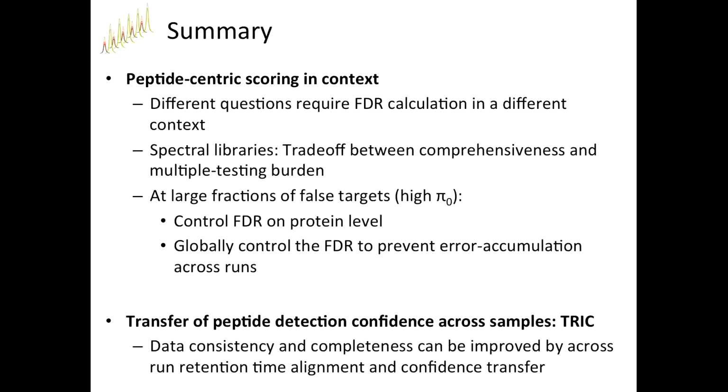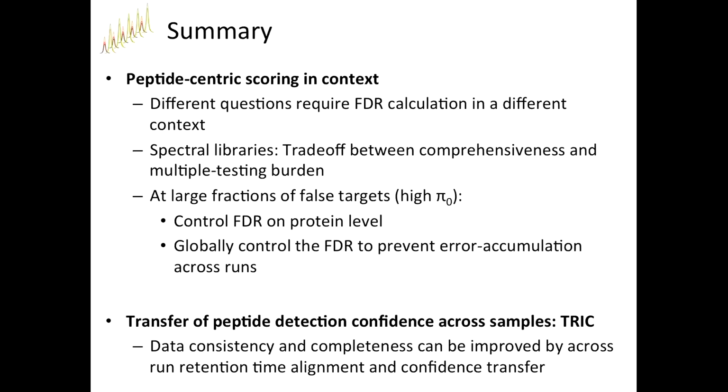I wanted to talk about this peptide-centric scoring in context, and I hope that I could convince you that different questions require different FDR estimations in your data set, and that there is a trade-off between using spectral libraries that are comprehensive and which you then have to correct for multiple testing quite a bit.